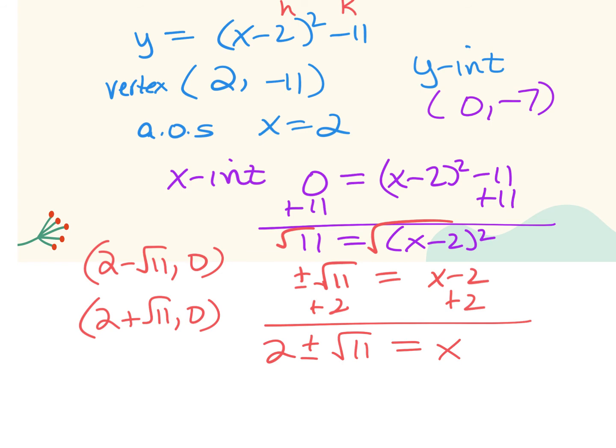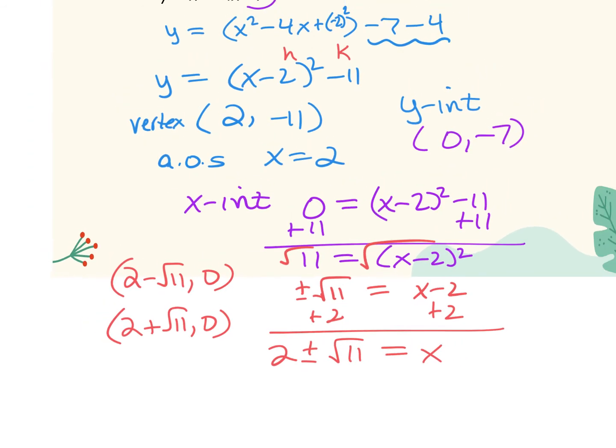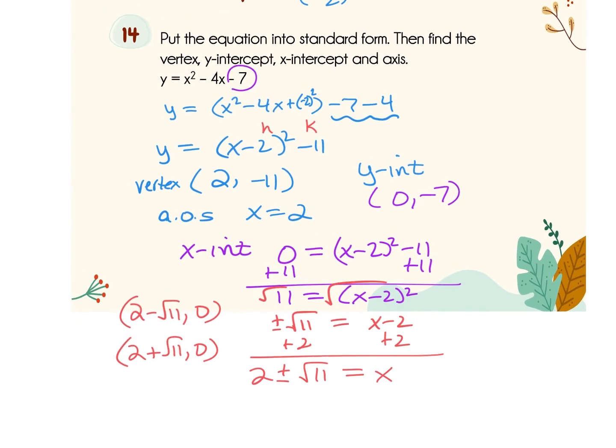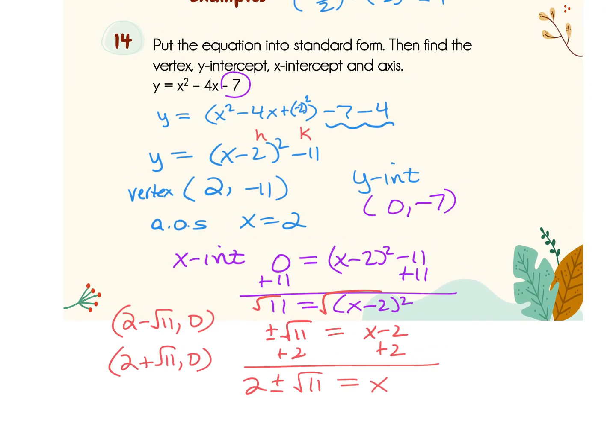And again, if I want to do a quick little rough draft of my equation, it's way down here at the bottom because I've got a vertex at negative 11. 1, 2, 3, 4, 5, 6, 7, 8, 9, 10, 11, and then positive 2.